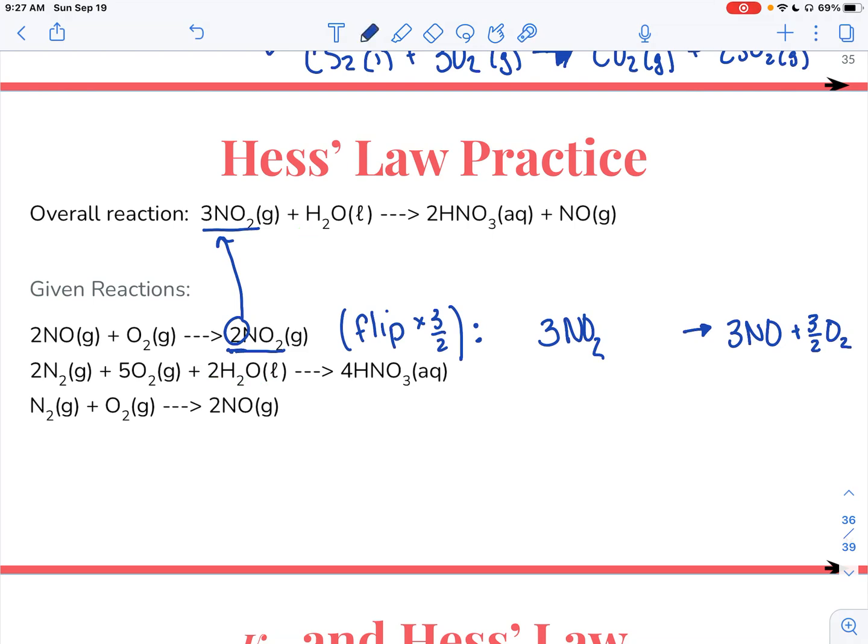So we're going to multiply this one by 1/2. So we end up with N2 plus 5/2 O2 plus H2O gives us 2HNO3.